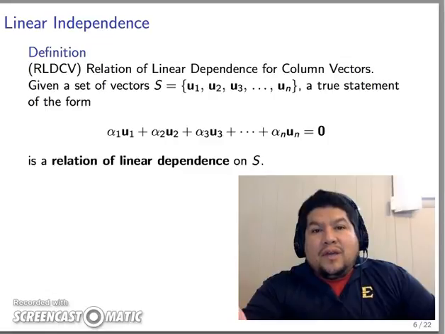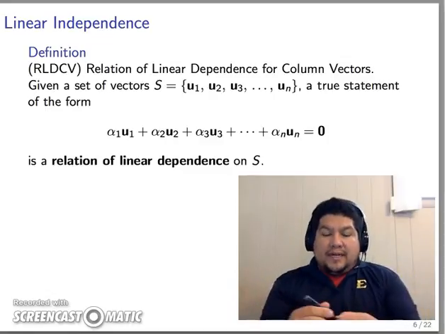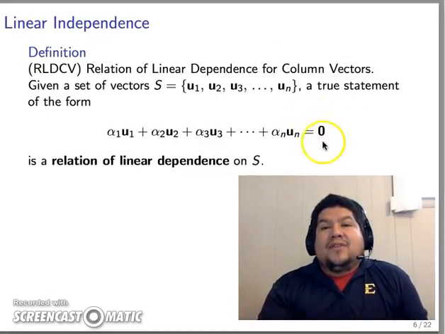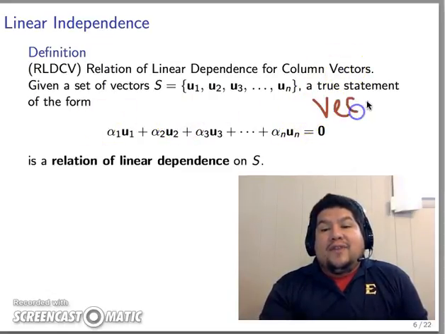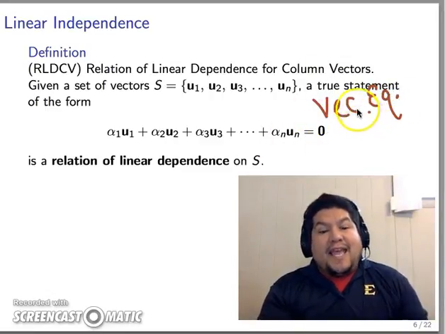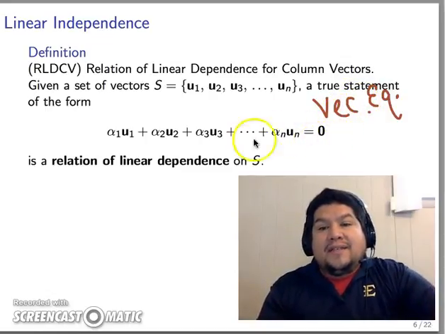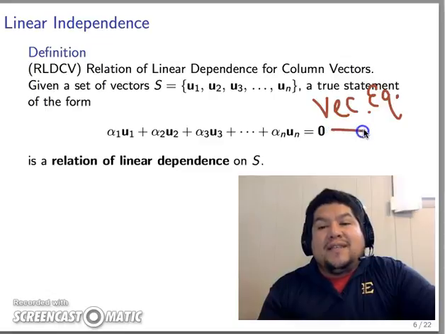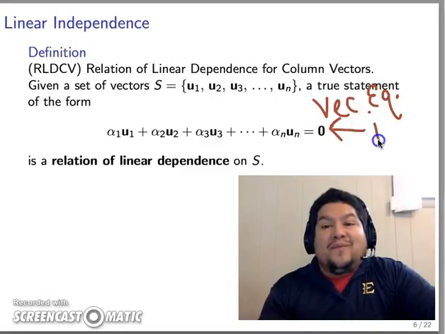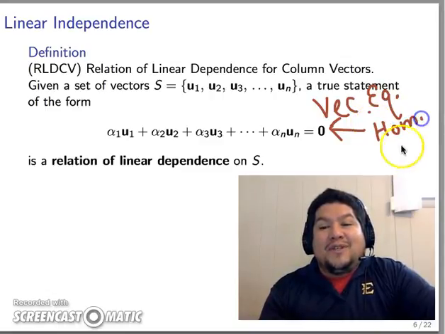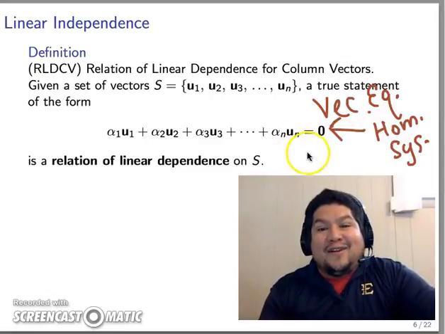So let's consider now a linear combination that is special, a linear combination in terms of a vector equation, okay? So it's a linear combination that is equal to a vector, and the other thing that makes this vector equation special is that the right side of the equation is the vector of zeros. If you're thinking homogeneous system of equations, that's also another good way of thinking on these types of problems, right?